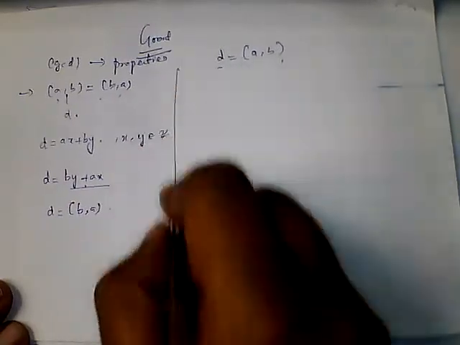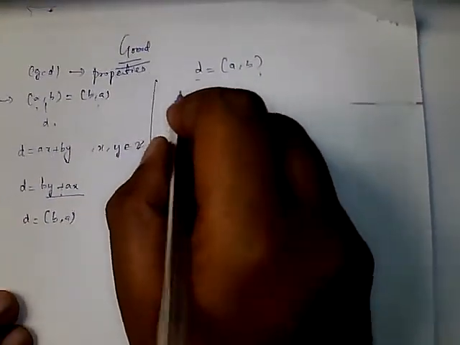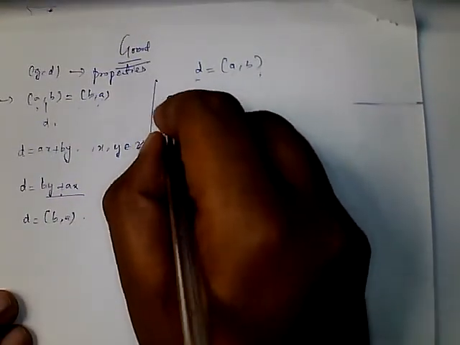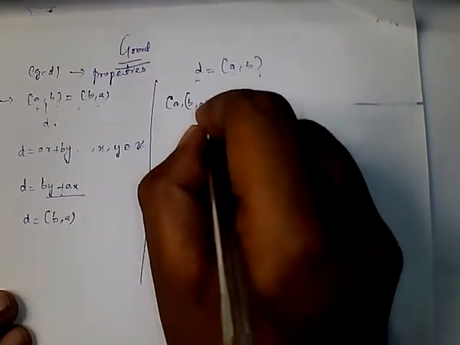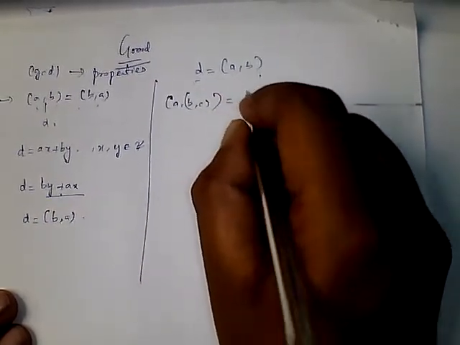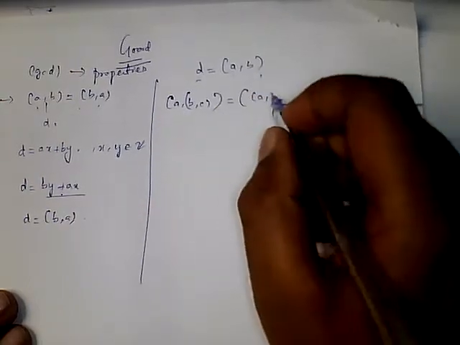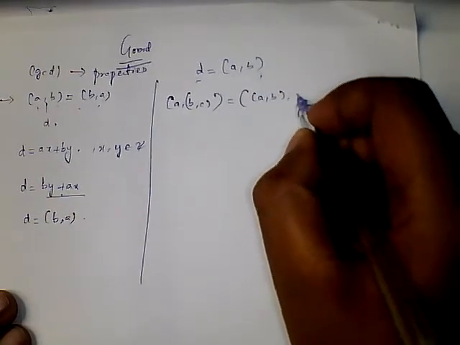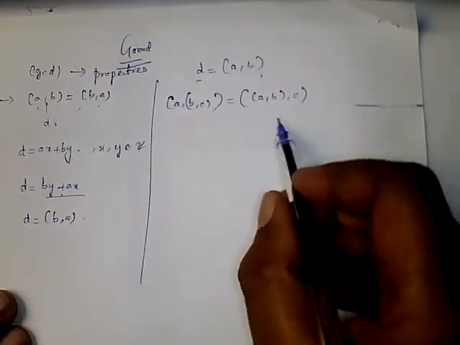Alright, one more property that I want to include over here is that the GCD of a comma b comma c will be equal to the GCD of a comma the GCD of b and c.